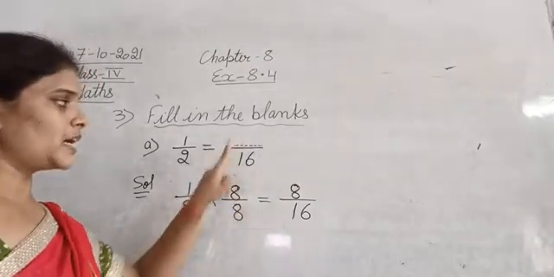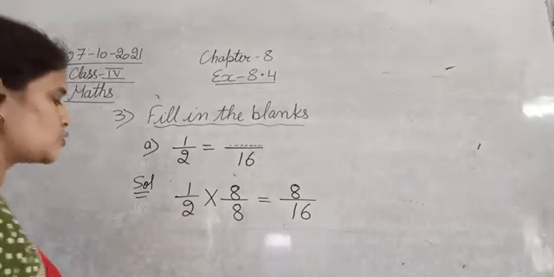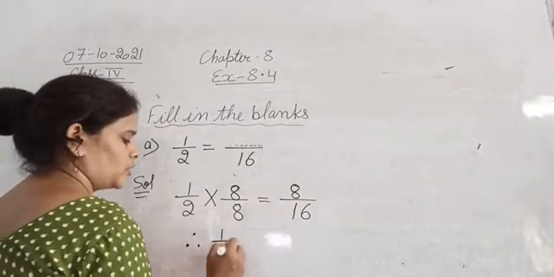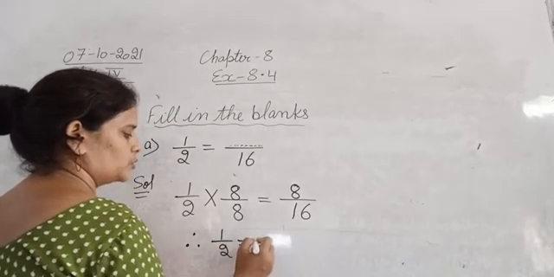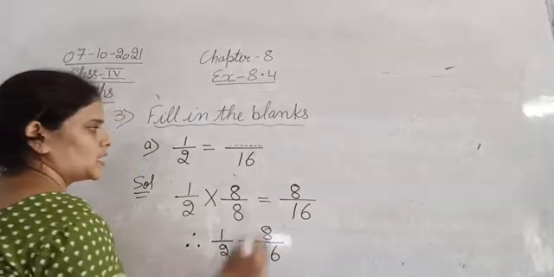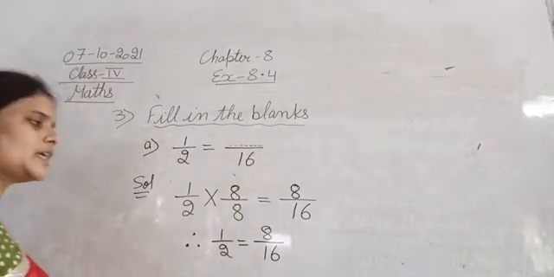So what came in the blank? We got 8. Therefore, 1 upon 2 is equal to 8 upon 16. Now our blank is filled, that is 8.